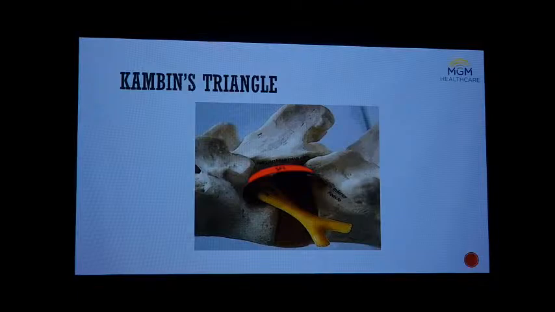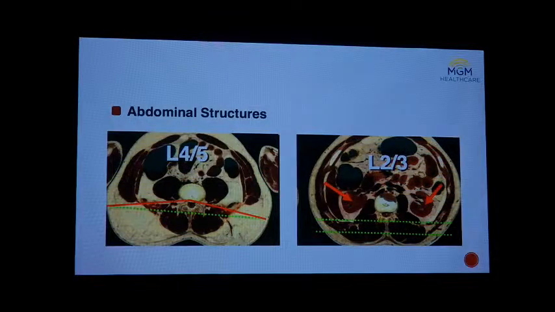Based on the levels, if it is a higher level, we have to plan the trajectory based on the visceral structures. On your right, you have the renal structures which might come in our way. So we have to plan our trajectories based on the available access and the structures. At lower levels, like L5S1, the iliac crest may be high. So we have to look at the MRI as well as the X-ray.